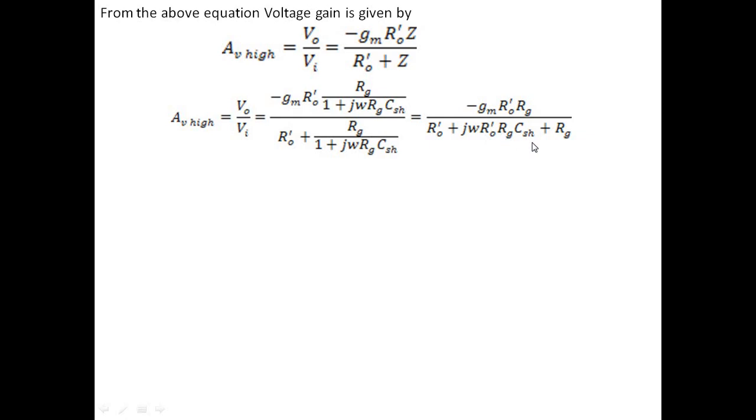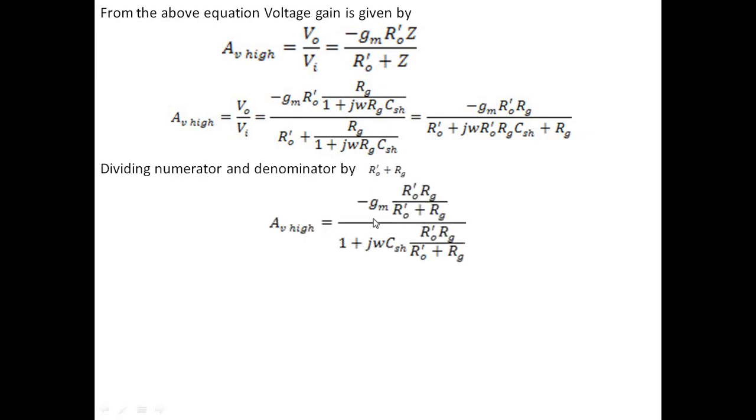Divide both numerator and denominator by R naught dash plus Rg. Then you will get minus Gm R naught dash Rg divided by R naught dash plus Rg, whole divided by 1 plus j omega CSH into R naught dash Rg divided by R naught dash plus Rg. That's what we have written here.